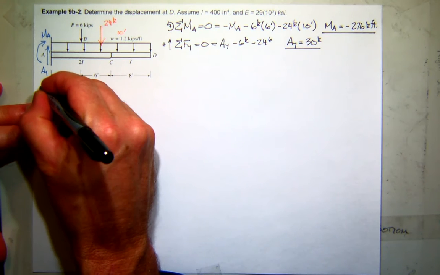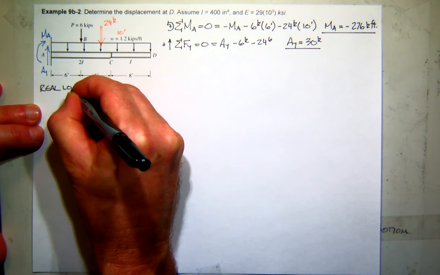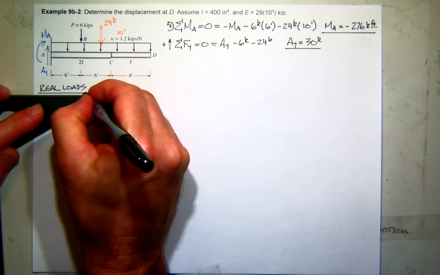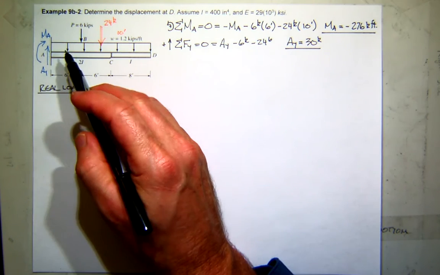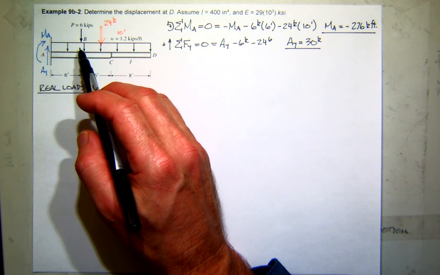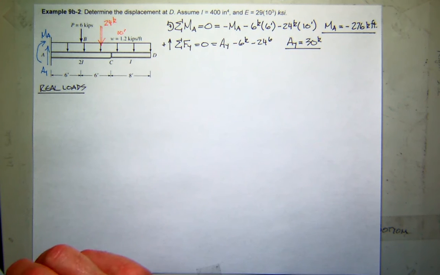So let's come over here and look at the real loads. And when I do that, I'm going to have a moment equation that's good from 0 to 6, and a second that's good from 6 to 20. So let's do the first one. I was going to ask, if you could explain one more time, how do you decide where you make your cut?